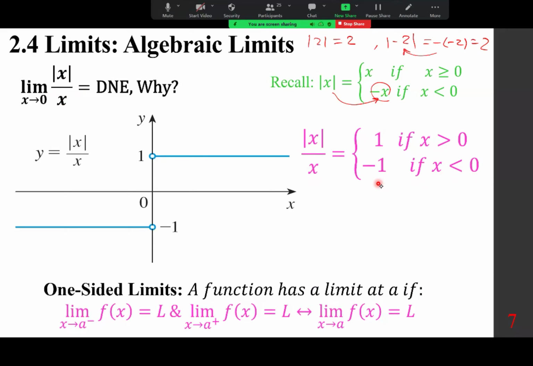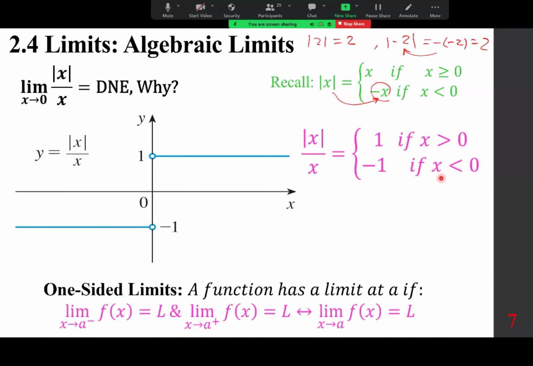It's a piecewise defined function, and the graph of the first one, y equals 1, is a horizontal line which starts from 0, not including 0, and goes to infinity. This one, y equals -1, is also a horizontal line that is true for x less than 0. And the reason we have a hole here is because we don't have the equality.